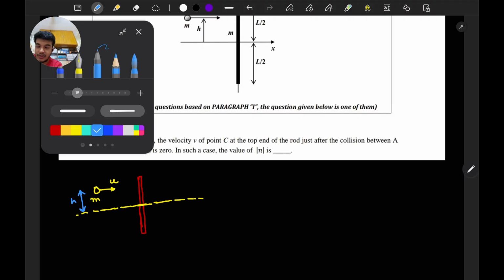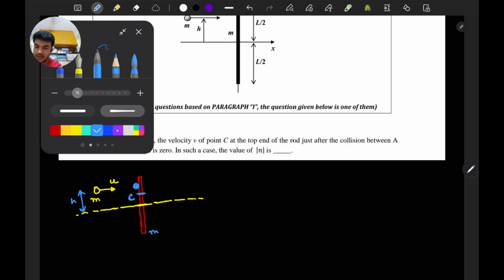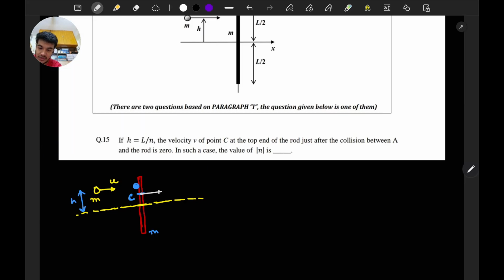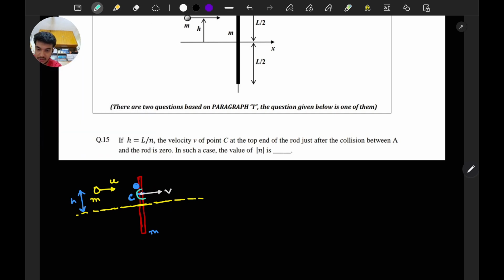After the collision, the center of mass of the system would lie somewhat here, because this rod is also of mass m. So let's say it gets collided here, so the center of mass would lie here at point C. And let's assume that the velocity of this combined system after collision becomes v, and about this point there would also be an angular velocity, let's say omega.